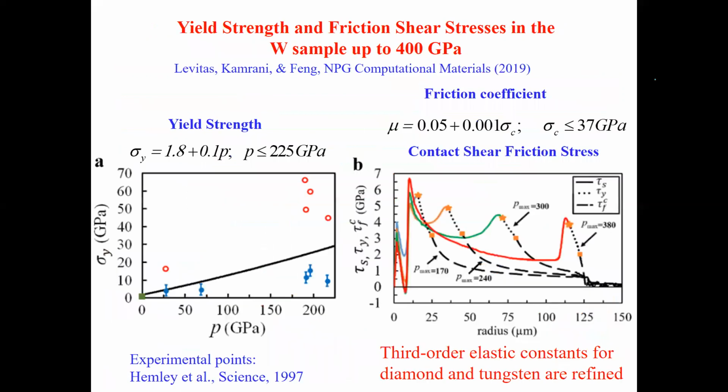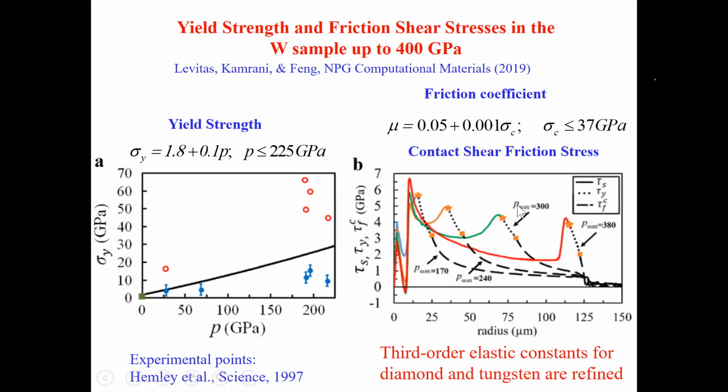And that is why all data which we obtain, for example the pressure dependence of yield strength, is much more precise than in previous publications. And I believe for the first time, the pressure dependence of the friction coefficient was determined up to high pressure. Friction stress is distributed very non-trivially.